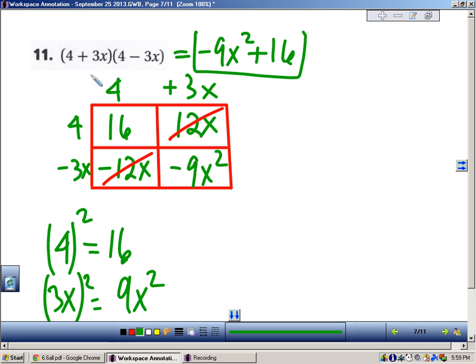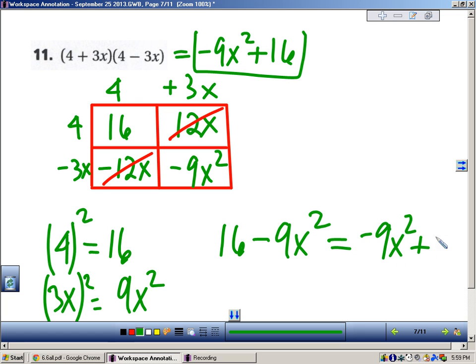And then since we're looking at the difference, you would subtract these two amounts. Now, you might say, well, okay, that's going to be 16 minus 9x squared. But that's identical to saying negative 9x squared plus 16, right? And you would prefer to write it this way in standard form. Okay?